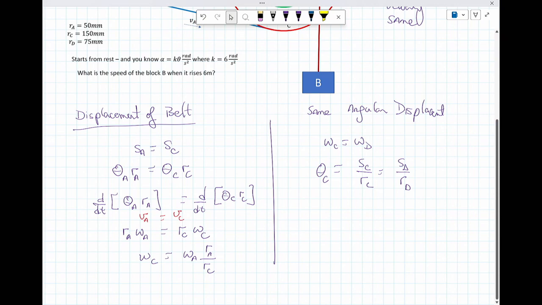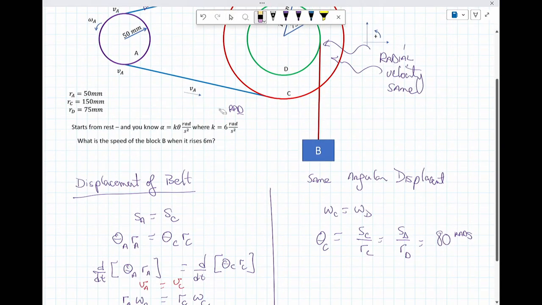Oh, I think I didn't tell you what theta C was. Oh, wait, no, you don't need to do that. Okay. So, sorry, I should have been more careful with that. So S sub D is given in the problem.